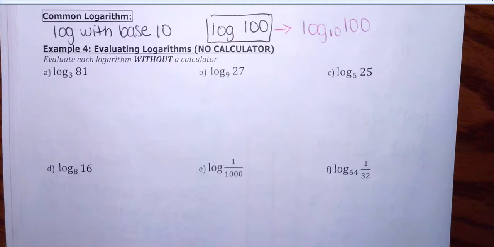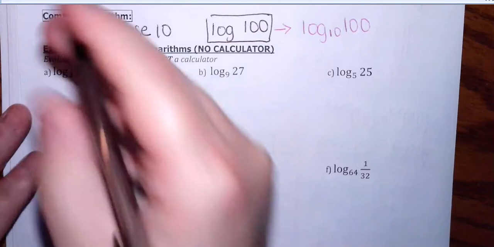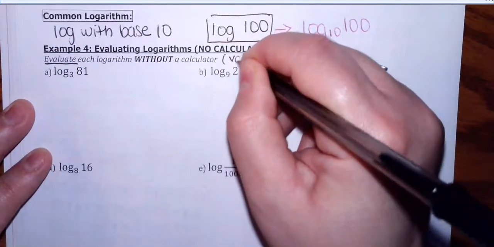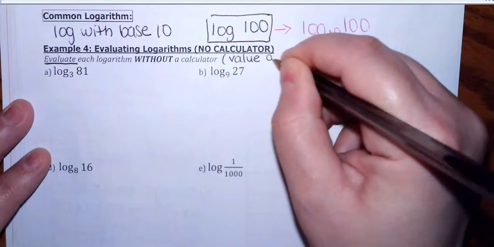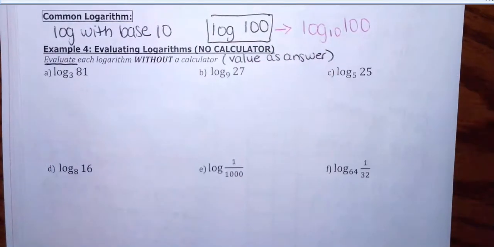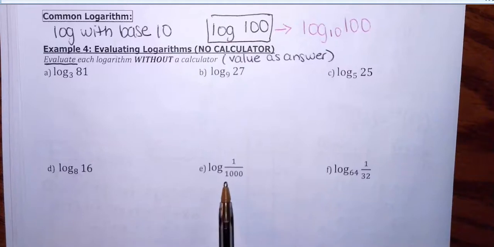So the easiest thing I can tell you to do, if you are evaluating something, you should get a value as your answer. So I need a number answer for each of these questions. Each of these are logs that cannot be done on the calculator, with the exception of this problem here, because it's base 10. It just says log, so it's base 10.